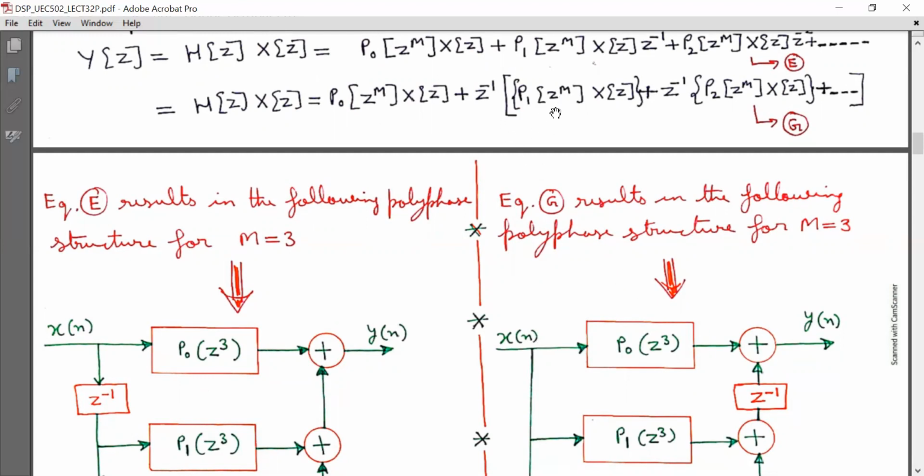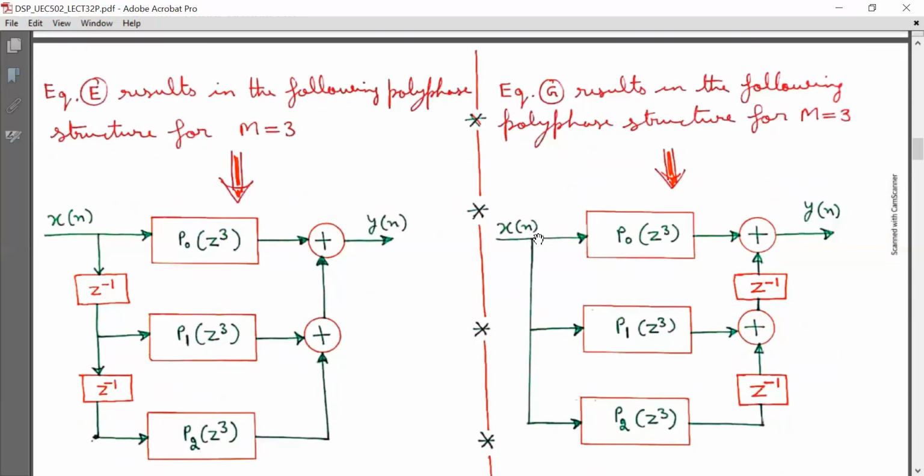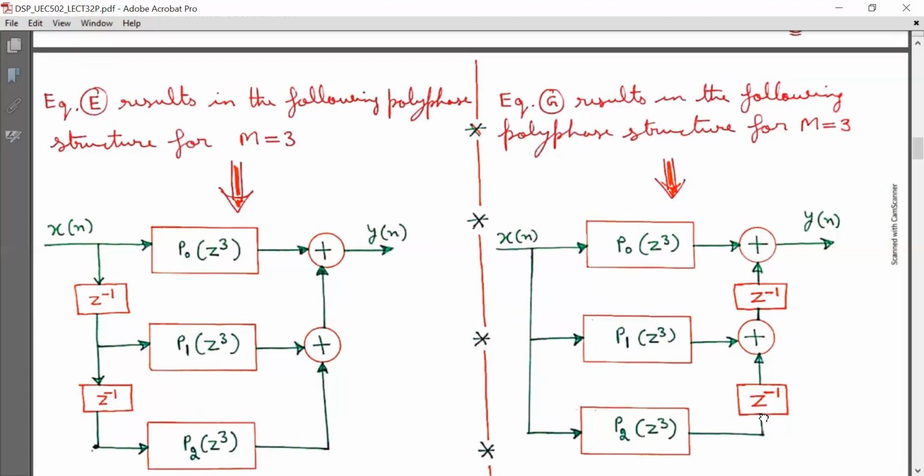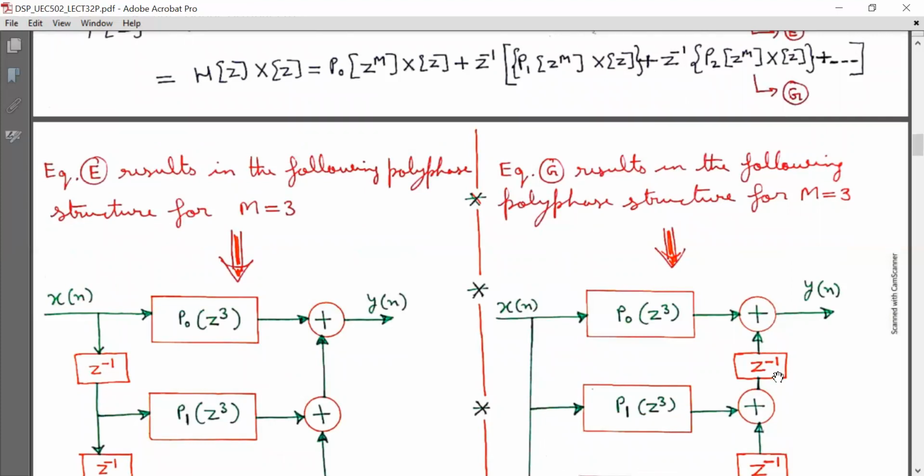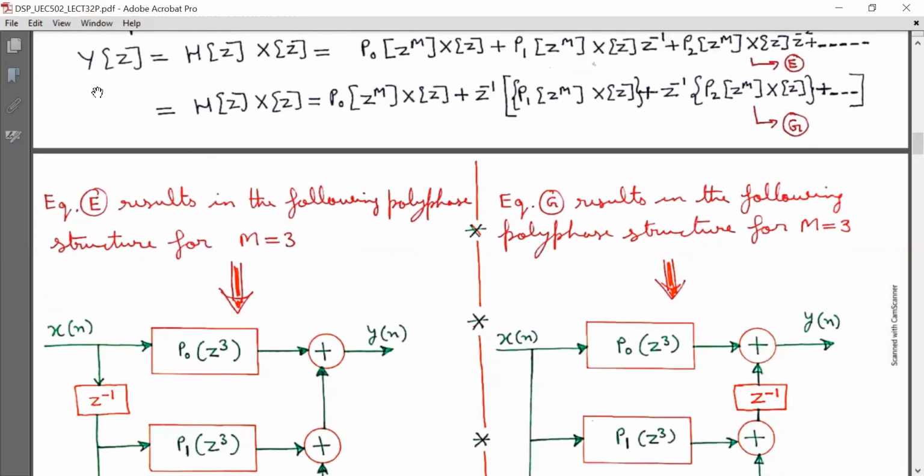Then X(Z) into P1(Z^3), and then it is multiplied by Z inverse. And here it is X(Z) into P2(Z^3), and then it is multiplied by Z inverse, and then once more multiplied by Z inverse. So these all are going to be summed up here, and we will get Y(Z) at the output. That is Y(Z) is equal to P0(Z^3) X(Z) plus Z inverse bracket P1(Z^3) X(Z) plus Z inverse P2(Z^3) X(Z).